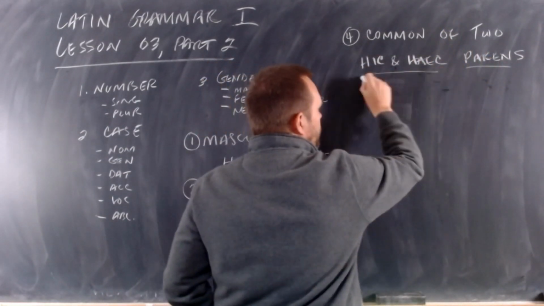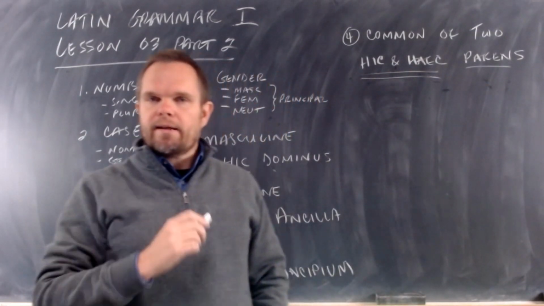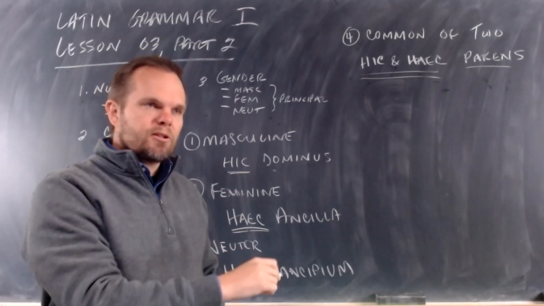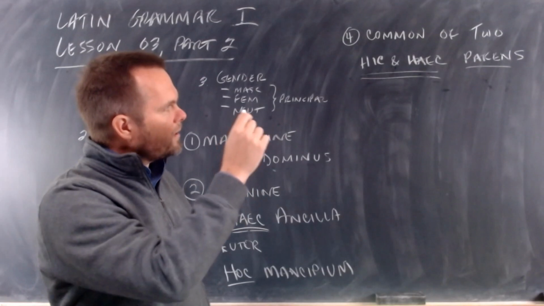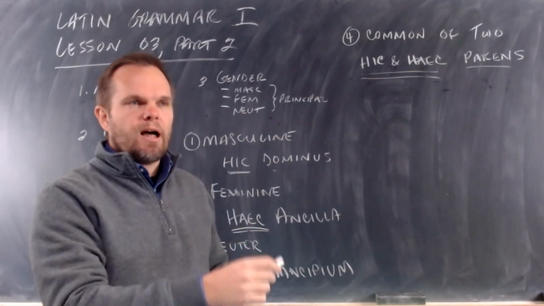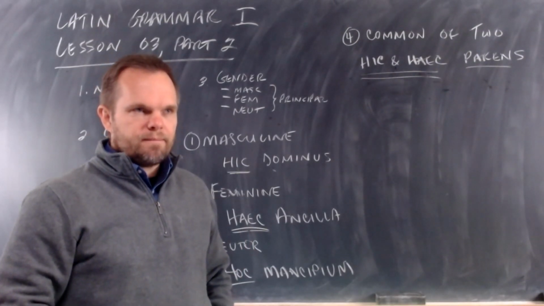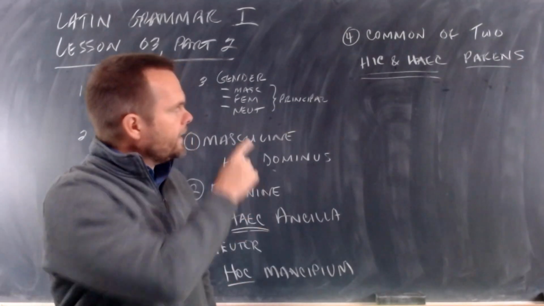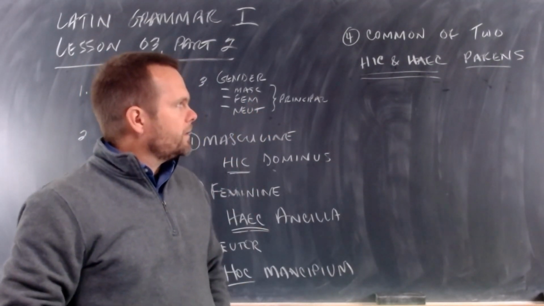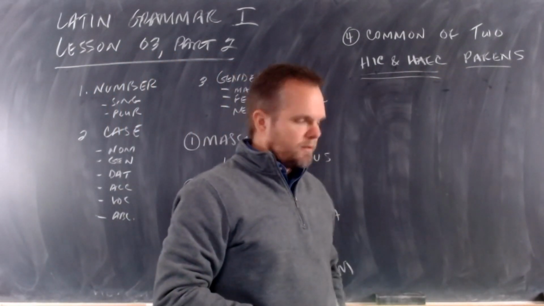Because the ancient Romans used both pronouns in front of it. That's how we know that the Romans and Latin speakers of the past thought of parens as a noun that was common of two genders. You understand that? Hic et haec parens. Masculine and female parent. All right?